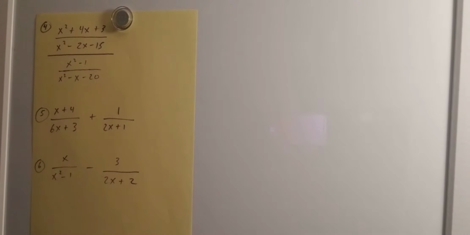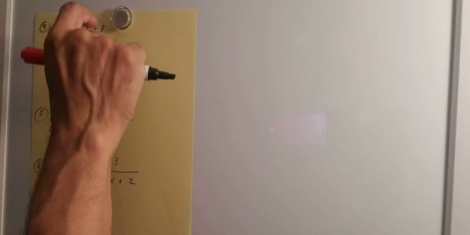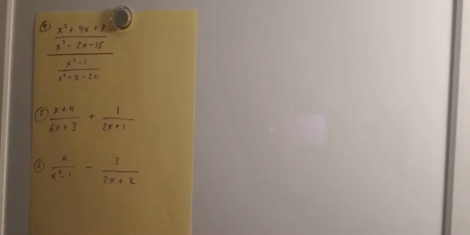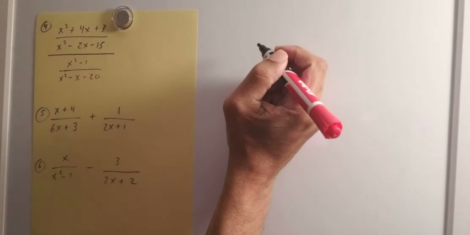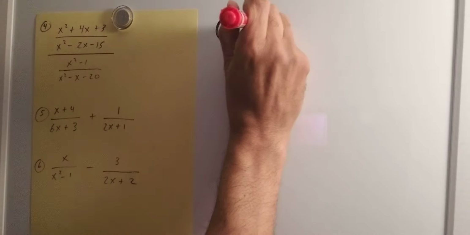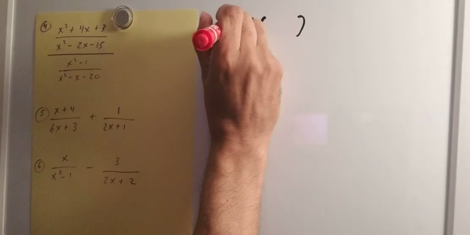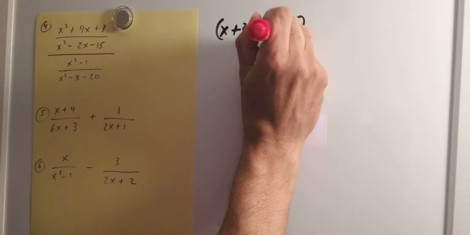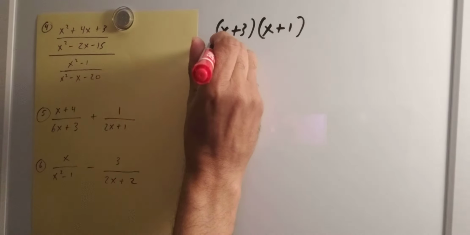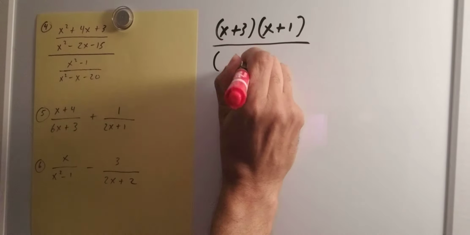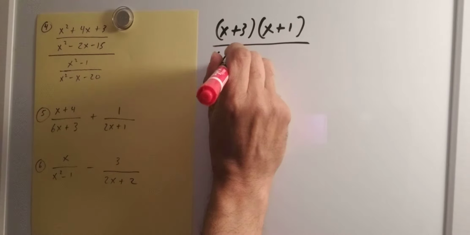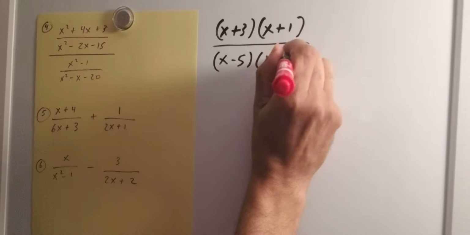All right, problem 4. Have a complex fraction. You have a fraction in the numerator, fraction in the denominator. Fraction bar means divide. Let's factor everything. X squared plus 4x plus 3 factors into two binomials, x plus 3 times x plus 1. That's divided by a trinomial, which will attempt to factor into x minus 5 times x plus 3.